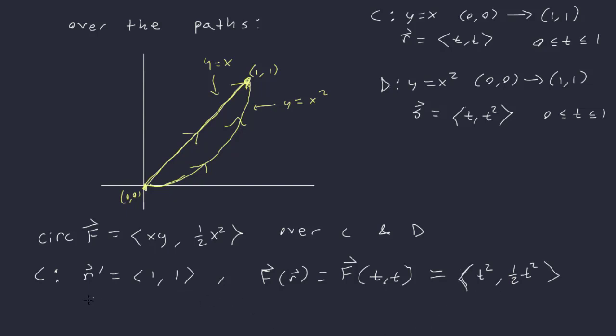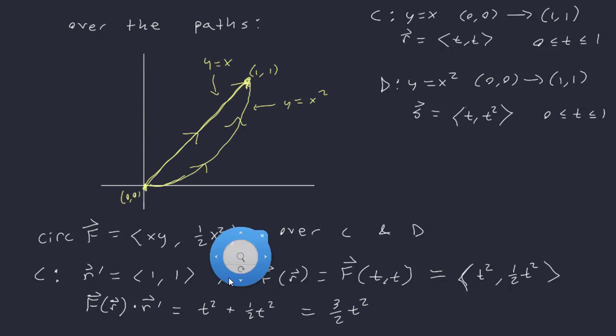All right, then we need the dot product. Okay, so it will be this vector dotted with the vector (1, 1). Well, that's not going to be that bad. That will be t squared plus 1/2 t squared. So that will be 3/2 t squared.